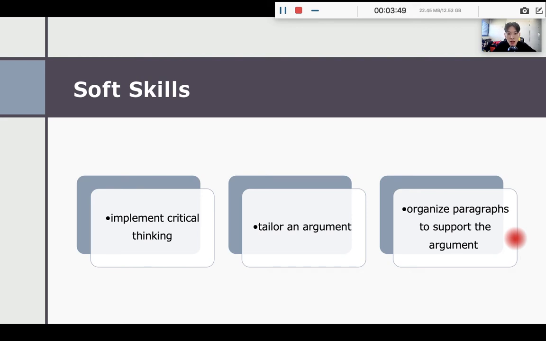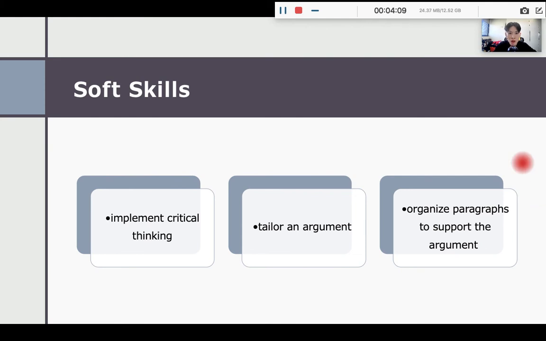Okay, so these three skills cannot be developed only through memorization and practice. You must write to have some experience so that you will know your own way of doing critical thinking, tailoring an argument, and supporting the argument.